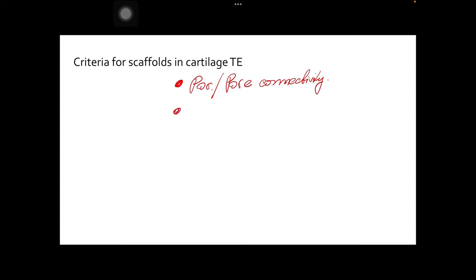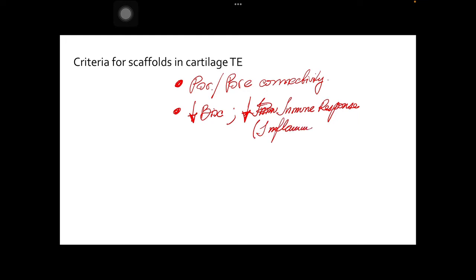You need these scaffolds to be biocompatible so they don't trigger an immune response, right? You don't want to trigger any inflammatory conditions in the knee joint. You don't want to trigger pain. You don't want to trigger swelling with your material.